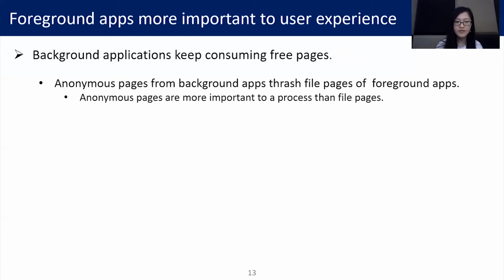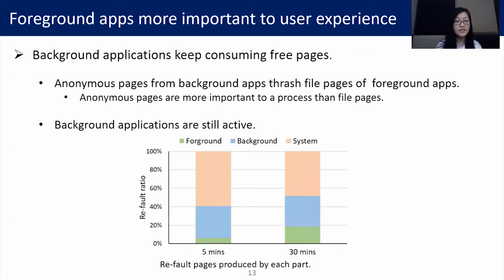This is because anonymous pages are more important to a process than file pages. Second, applications are still active in the background, even after 30 minutes. In this figure, a large percentage of refaults are induced by background applications, in blue.